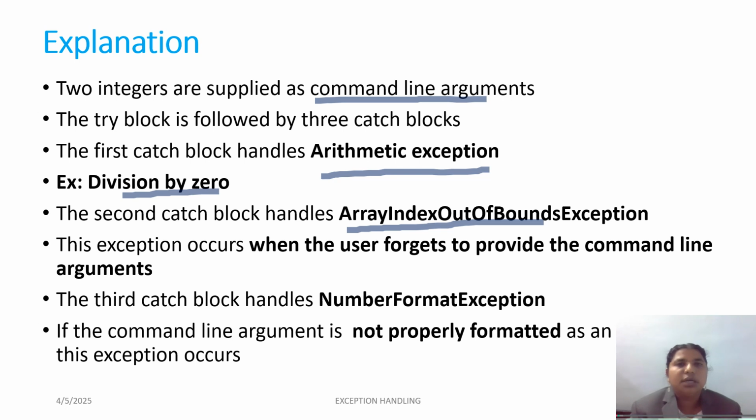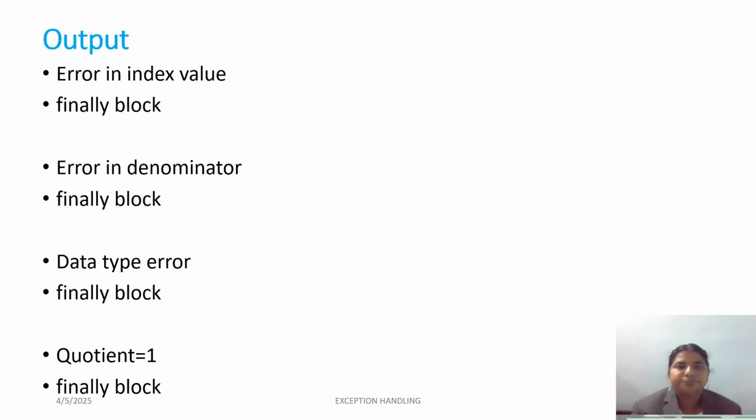This exception occurs when the user forgets to give the command line arguments. The third catch block handles NumberFormatException. If the command line argument is not properly formatted, then this exception occurs.